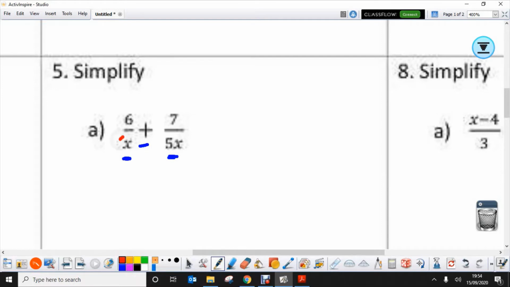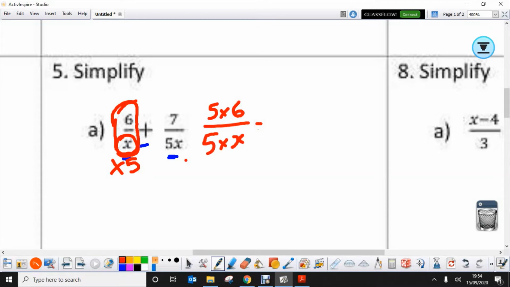I can get that the same as the other side by multiplying it by 5. So I'm going to times the whole of this fraction by 5 to make sure the denominator is the same. So I've got 5 times 6 over 5 times x, which is 30 over 5x. All I've done is multiply that fraction by 5.